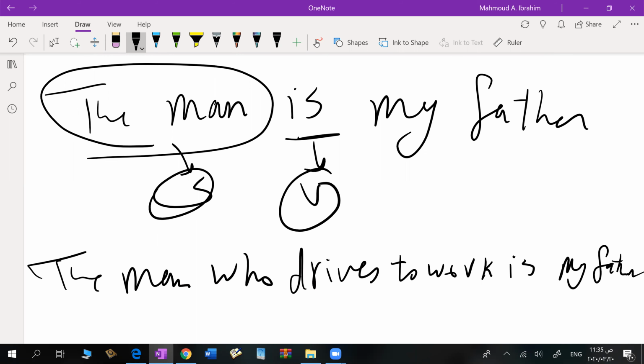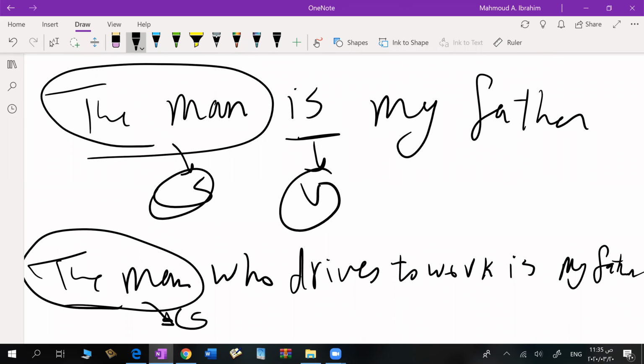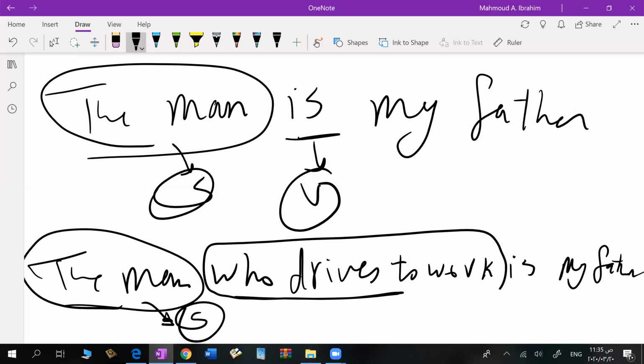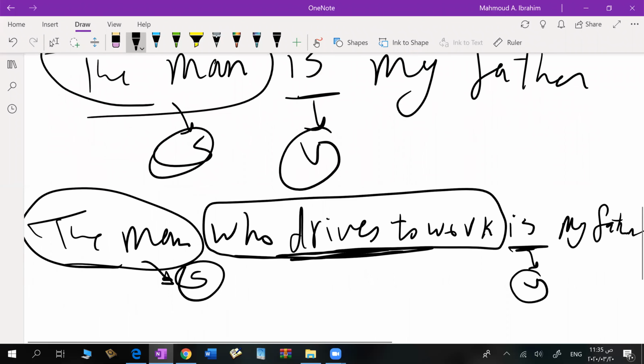It's more or less the same. The man is the subject, and who drives to work is a relative clause, and is the verb. Still, it is the same.